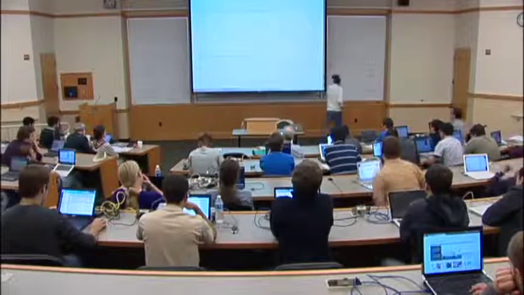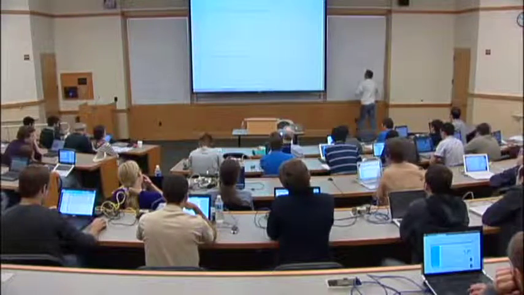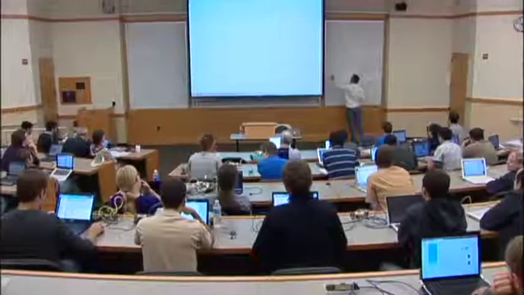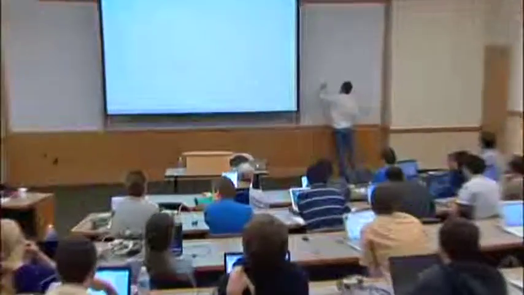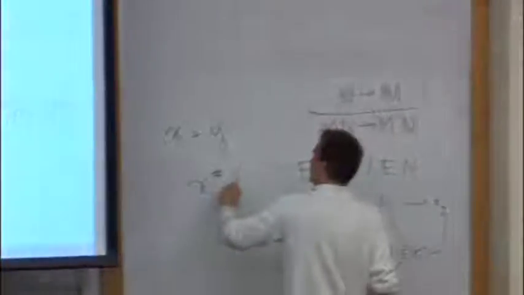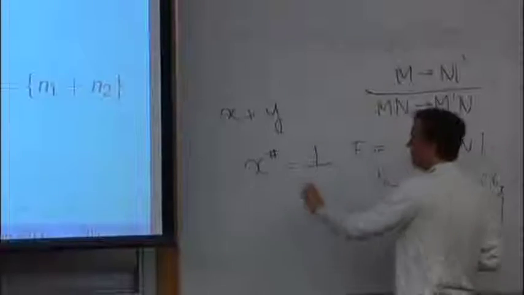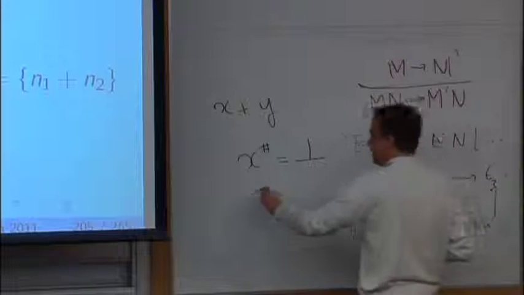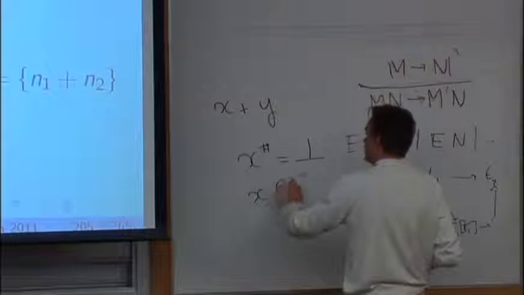Yeah, let me write that. Okay, so at some point in your code you do x plus y. And your static analysis says that x sharp, the abstract value of x, is bottom. So that, by soundness of the analysis, this really means that x belongs to the empty set.